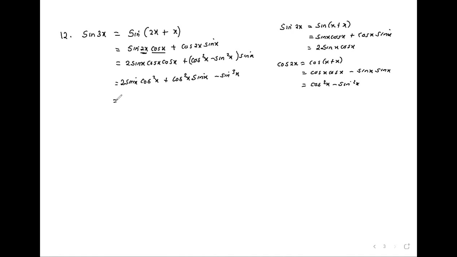From there, we change cos to sine using the identity cos squared x plus sin squared x is equal to 1.